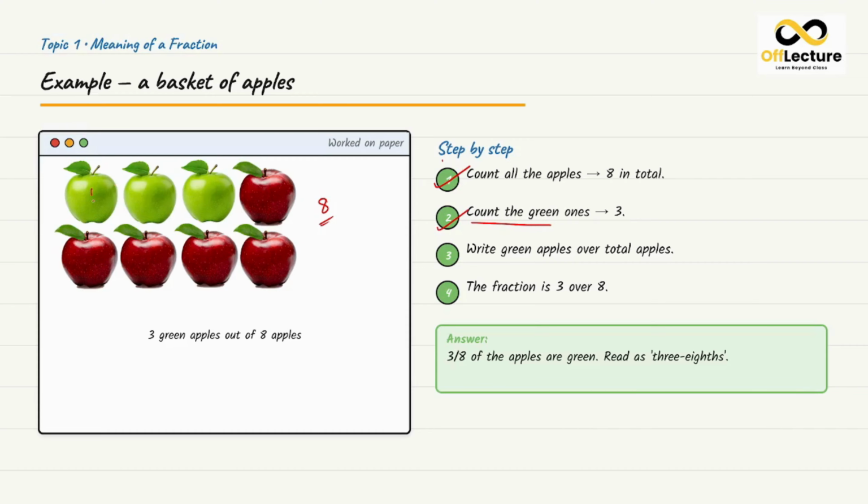There are 3 green apples. So that will become 3. We will write green apples over the total apples. So we will write 3 on the top and 8 on the bottom. So your fraction will become 3/8. And the answer will become 3/8 of the apples are green, and we will read it as 3/8.